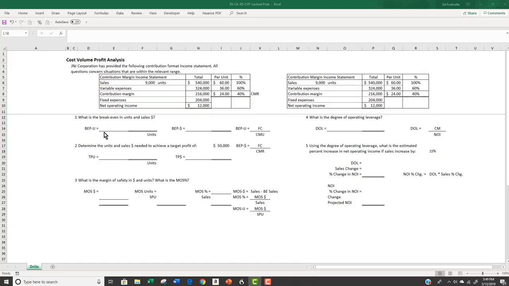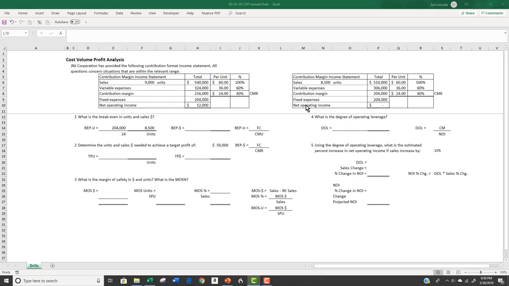For our company, J&J, we determined the break-even point in units by dividing the fixed cost of $204,000 by the contribution margin per unit of $24 to get 8,500 units. If we sell 8,500 units, our company will break even.